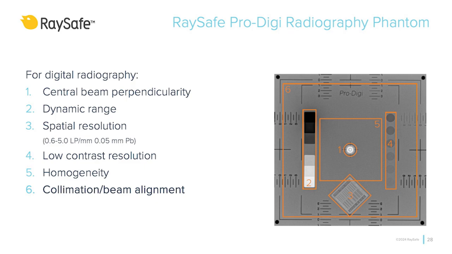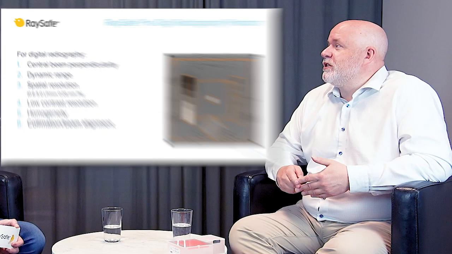Any inconsistencies or irregularities are unwanted. Test number 6 is collimation and beam alignment. This involves measuring the distance between the edges of the light field, represented by corresponding markings visible in the phantom's image, and the edges of the X-ray field. We'll need to measure in both directions, perpendicular and parallel to the anode-cathode axis.